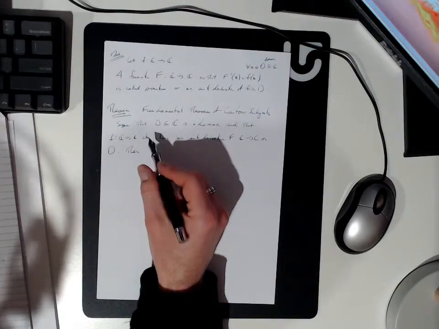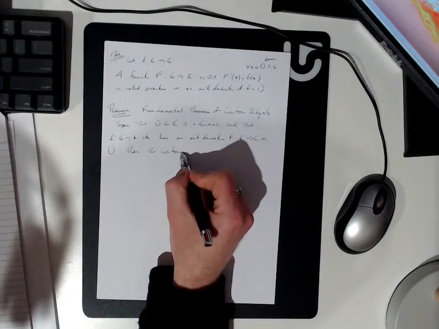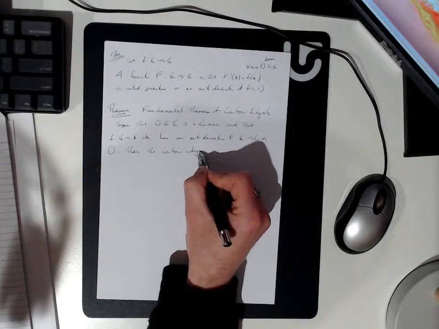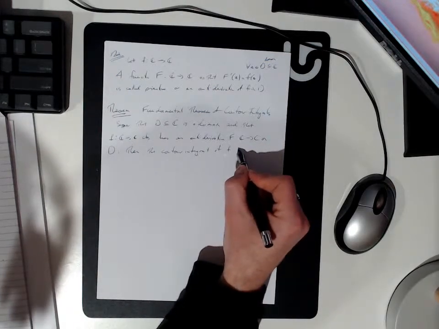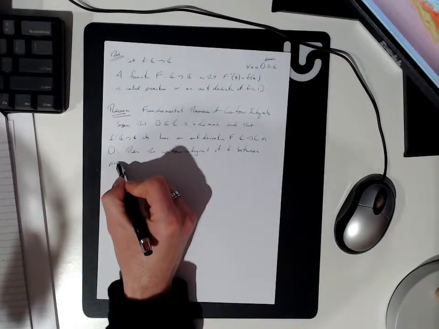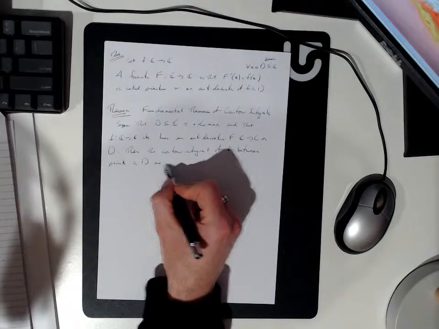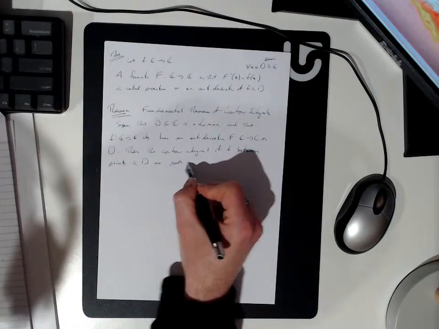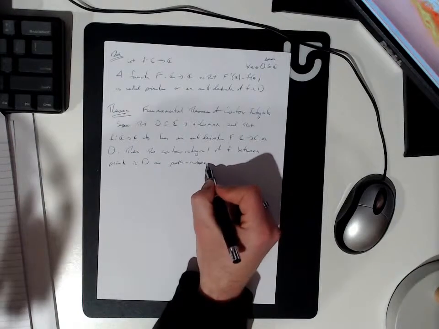Then the contour integrals of f between points in D are path independent, not just parameterization independent, but path independent.